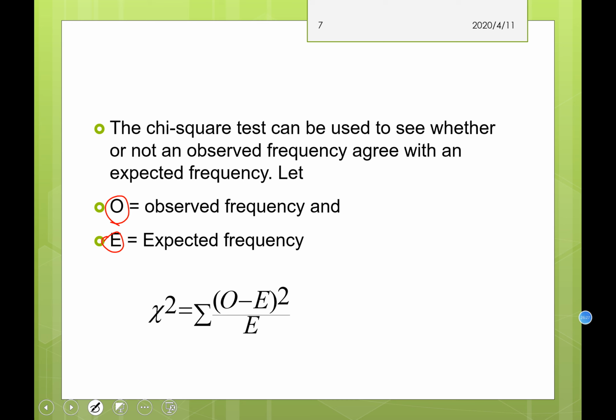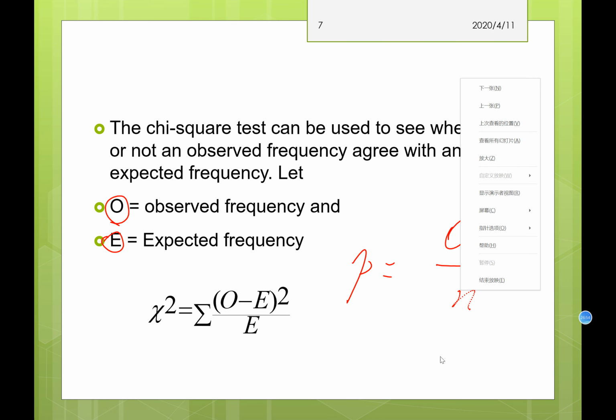So for a certain cell with the observed frequency Oij, we can estimate the overall proportion of individuals with the jth characteristic by P equals Oj divided by the sample size n.